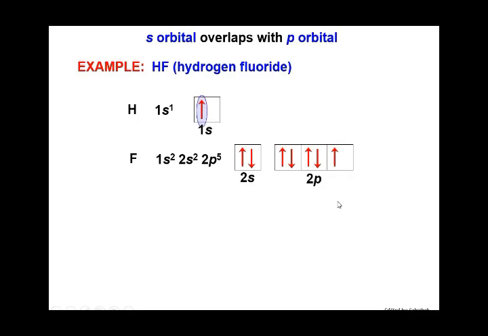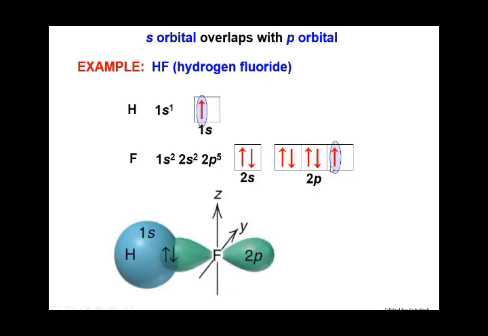So the electron at hydrogen will occupy the electron in the fluorine atom, and then s orbital overlaps with p orbital. One comes from the fluorine atom and one comes from the hydrogen atom, and the fluorine atom represents a dumbbell and the hydrogen atom represents spherical.